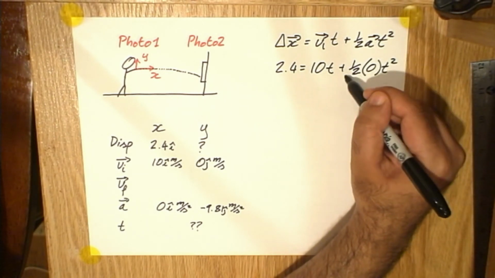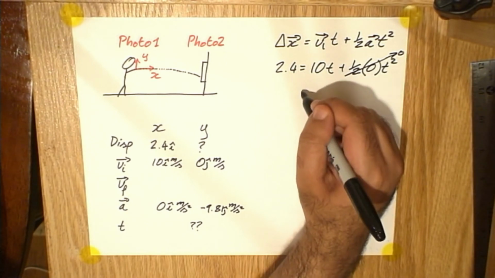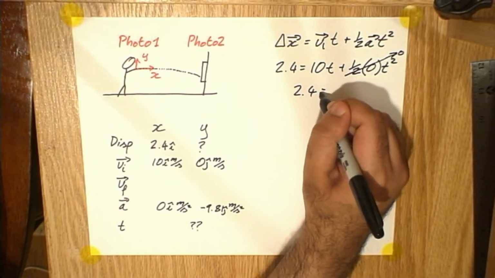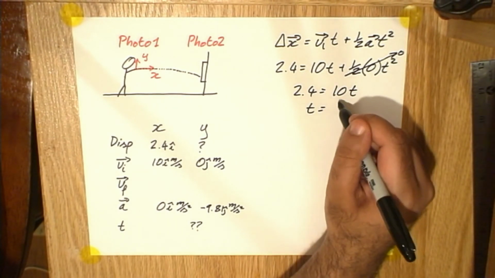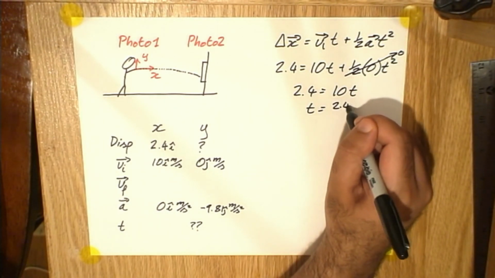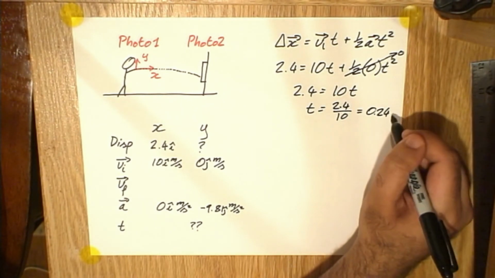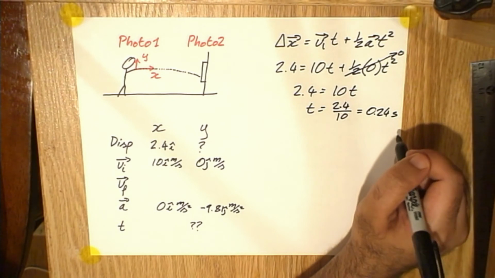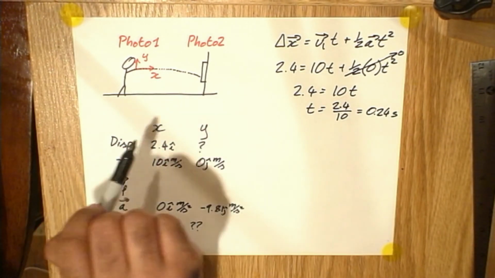This entire last term is going to cancel out. So we're left with 2.4 equals 10t, which can be rewritten as t equals 2.4 divided by 10, which is equal to 0.24 seconds. So that's the time that it takes for the dart to reach the dartboard.